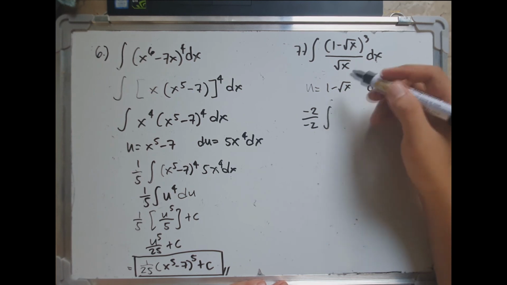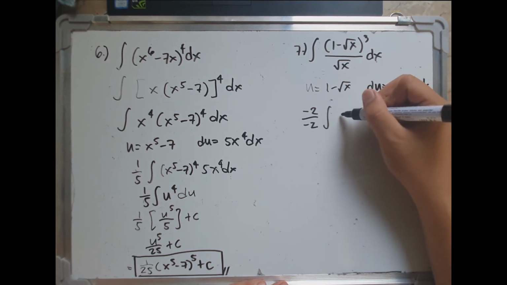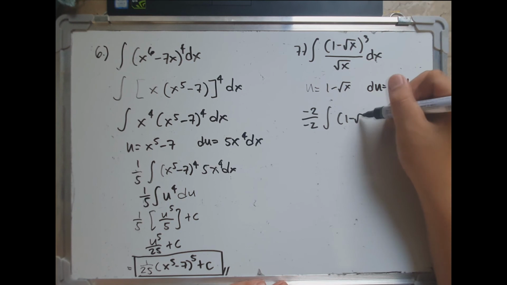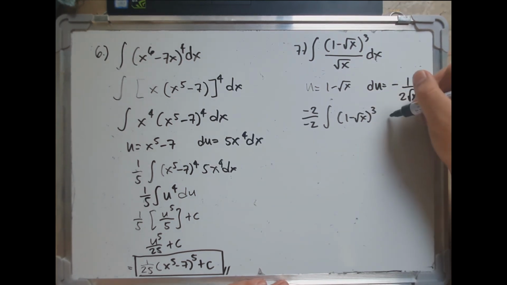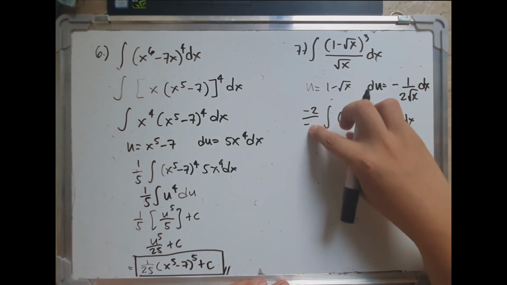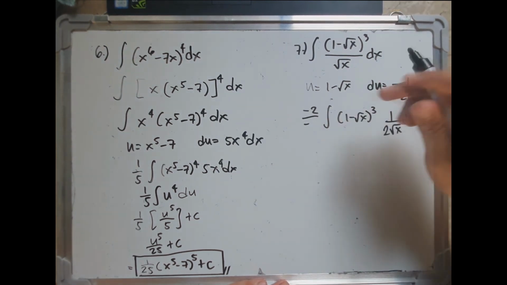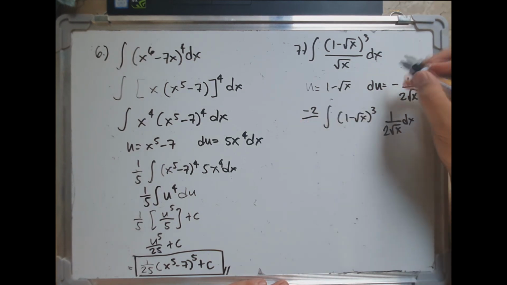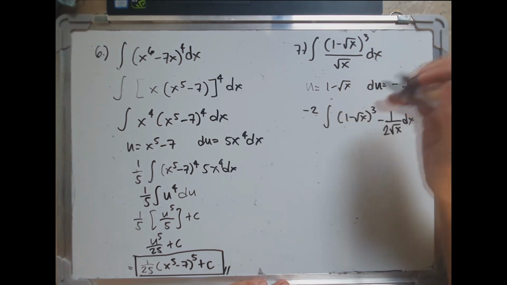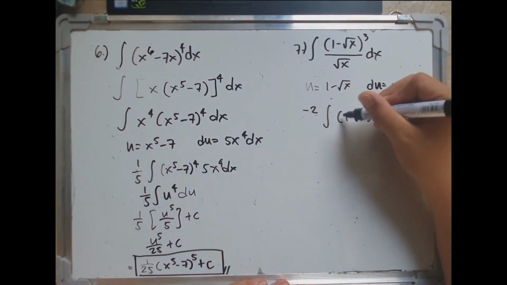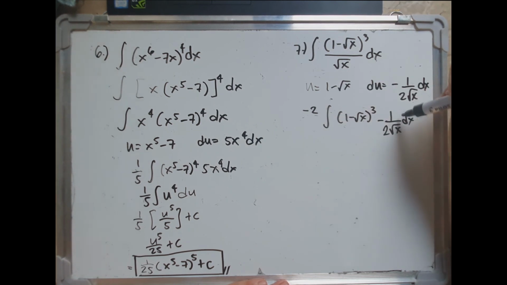So we have integral of quantity 1 minus square root of x cubed, and we have 1 over square root of x dx. Writing the denominator 2 inside and also the negative inside. So we now have negative 2 outside. This is the u, obviously. This is the du.